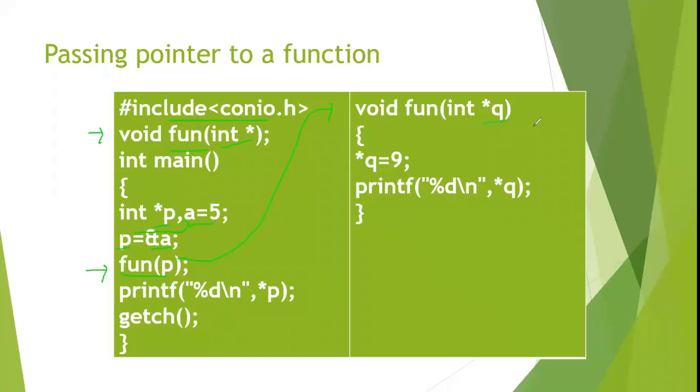Can anybody tell me whether pointer q is the formal or actual argument? Yes, pointer q is the formal argument, and p is the actual argument. The value of p is passed to q, right?